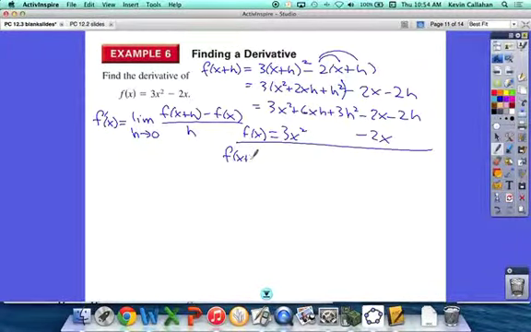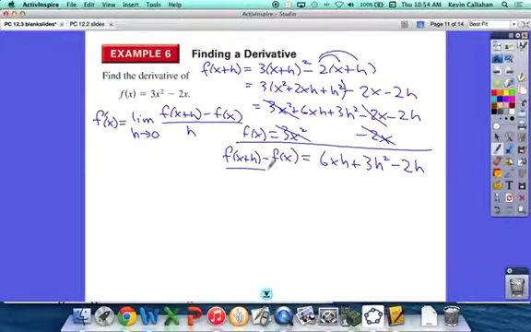F of x plus h minus f of x equals, cancel, cancel, cancel, cancel. 6xh plus 3h squared minus 2h. Divide by h. Divide by h.